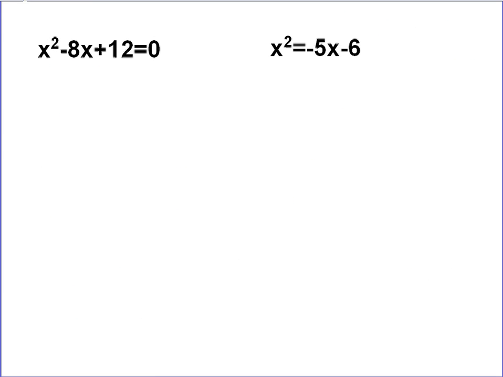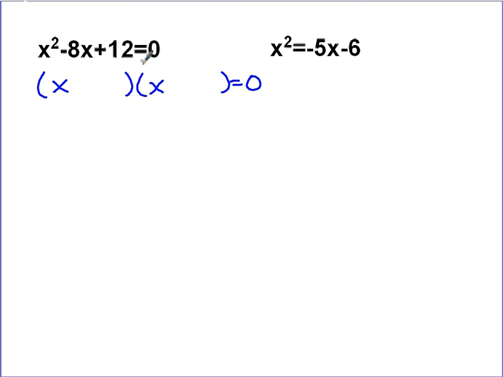Okay, let's take a look at a couple more. With this one, x squared minus 8x plus 12, it's a little different because they multiply to a positive and they add to a negative here. But still, when I factor these, it's going to have to factor a little bit like that. Why? Well, because x times x is x squared.